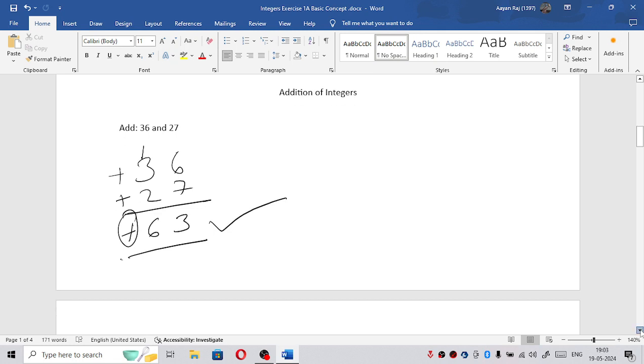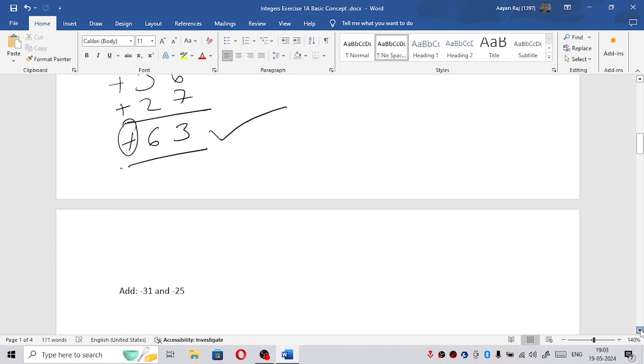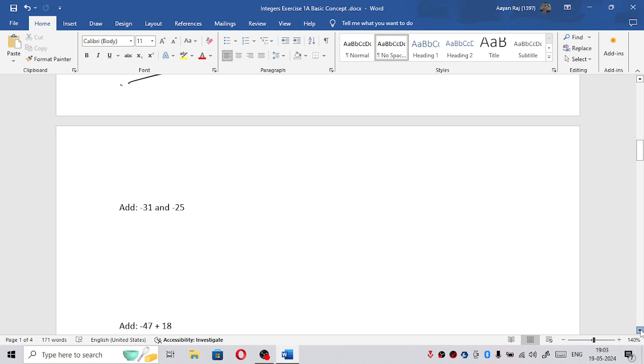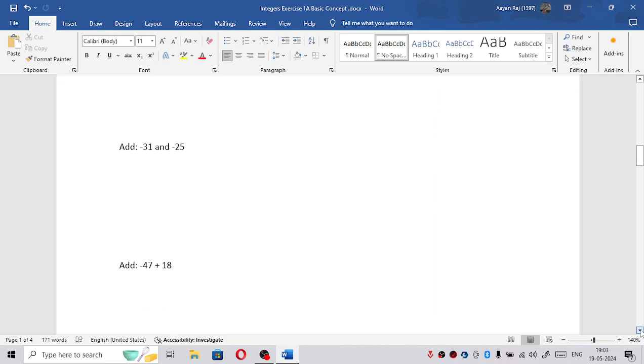Moving next to another question. Now there are two integers, both are negative. One is minus 31 and another is minus 25. And how do we add them?